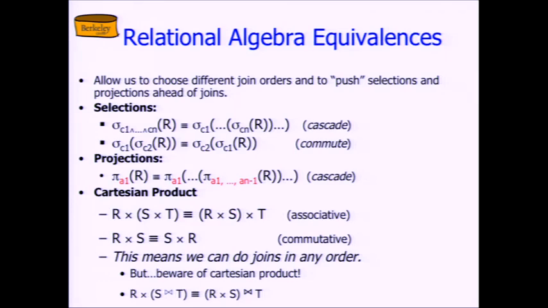S join T. What that means is that S and T share at least one column in common, and we have an equality match between S and T on that column. Agreed? Natural join. Okay, so because cross product is commutative and associative, this seems like it should be equivalent to R cross S cross T.